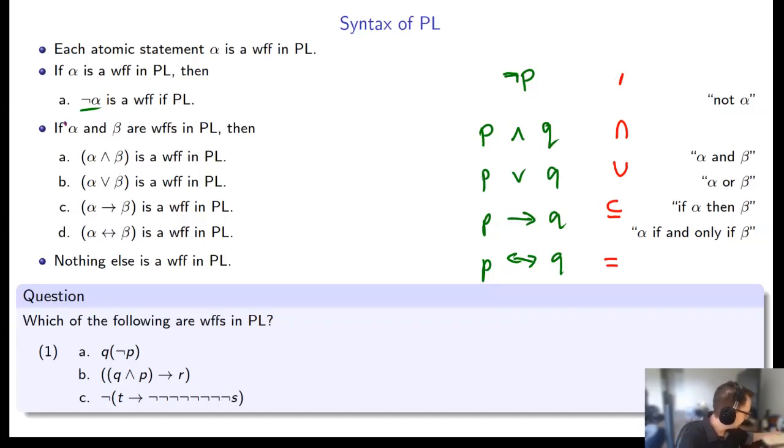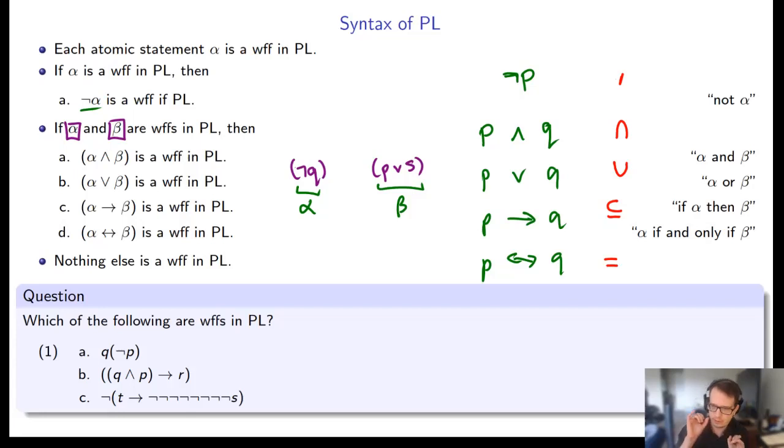Now, these Greek letters on the left don't just have to be simple. So I'm just using P and Q on their own on the right here, but these can be more complex. So what I mean is, if we have something like not Q and we have something like P or S on the right, we can treat these like, okay, this is an alpha and this is a beta, because these are two grammatical formulas on their own.